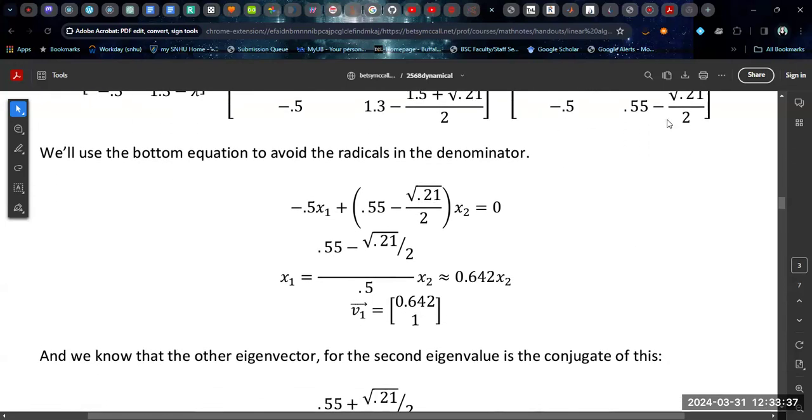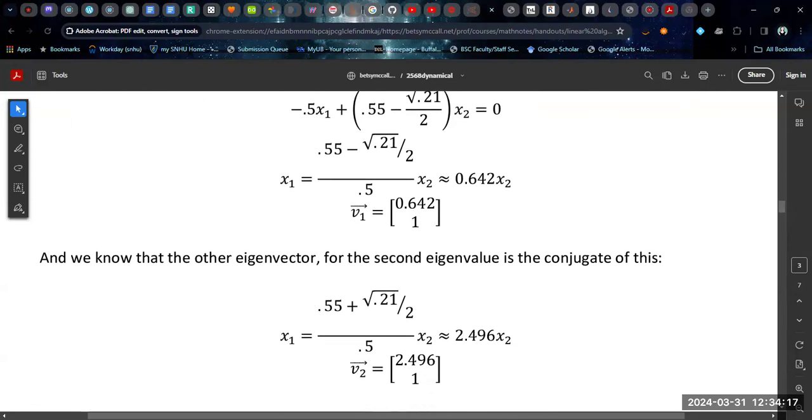So if I take that out of my matrix, I get negative 0.5 x1 plus this crazy number times x2 is equal to 0. I'm going to move everything over to the other side, and I'm going to end up with this number divided by this number, and that is my coefficient of x2. If I put this now in my calculator, I can estimate the eigenvector as 0.642 x2. And so if I let x2 be 1, then x1 is this number right here.